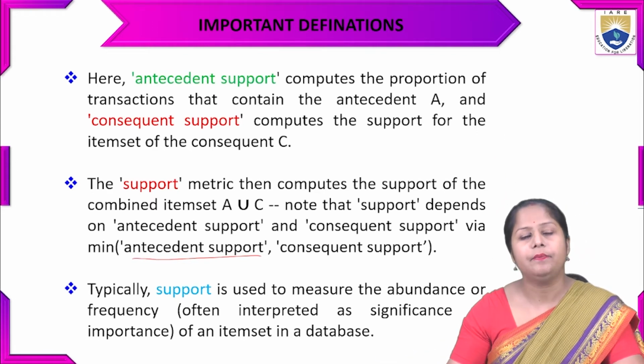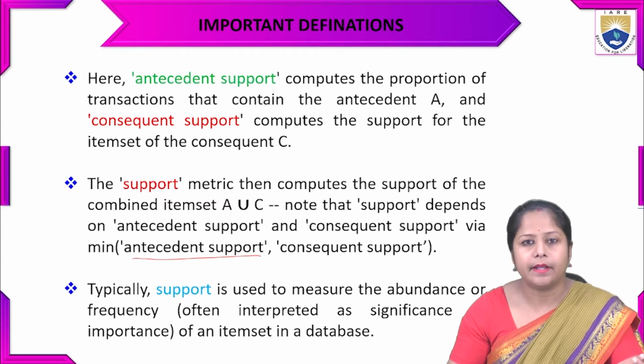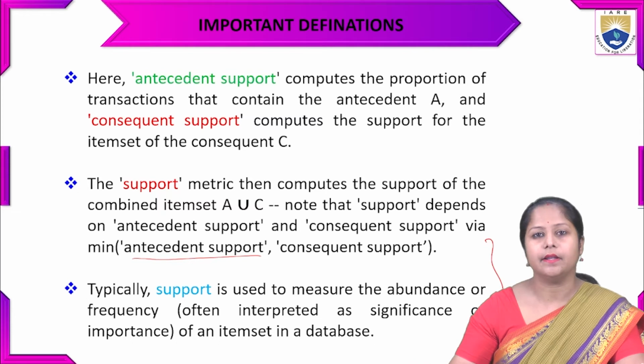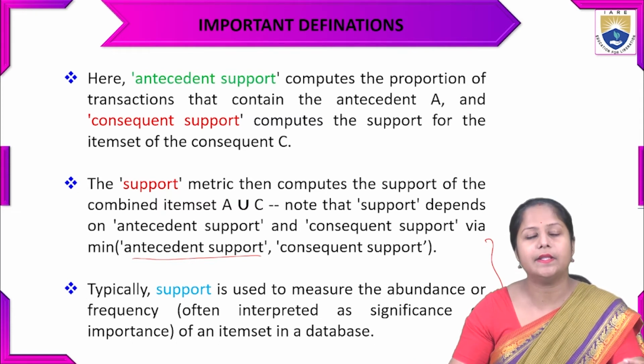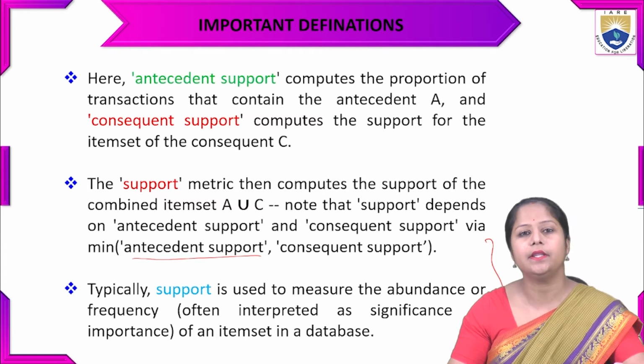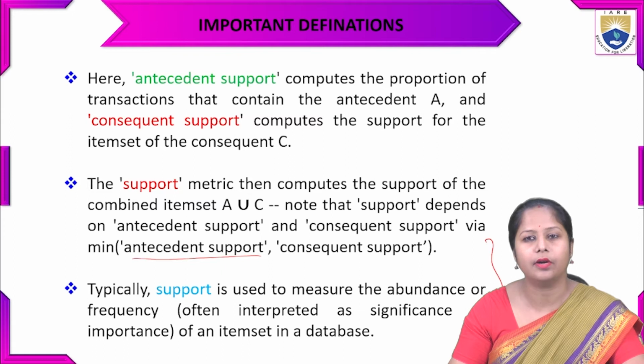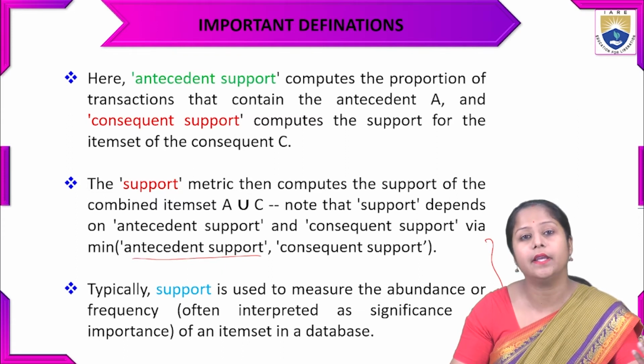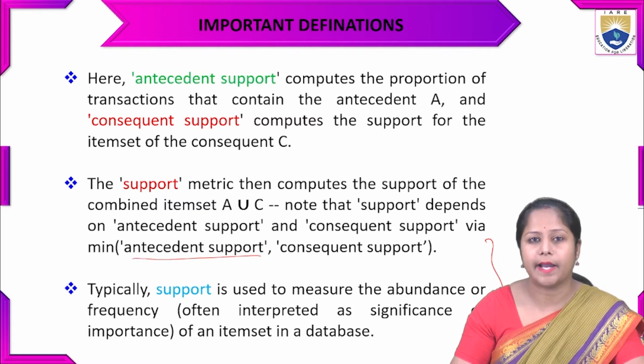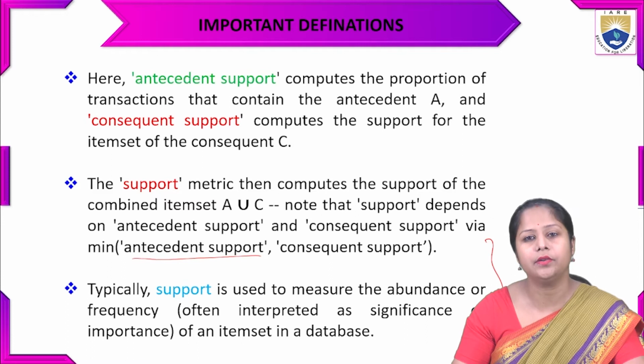Typically we can say the support is used to measure the abundance of frequency. If there is more frequency in one item set of any database, then the support is going to occur. So that is why we use the support when there is more frequency of item sets occurring together.